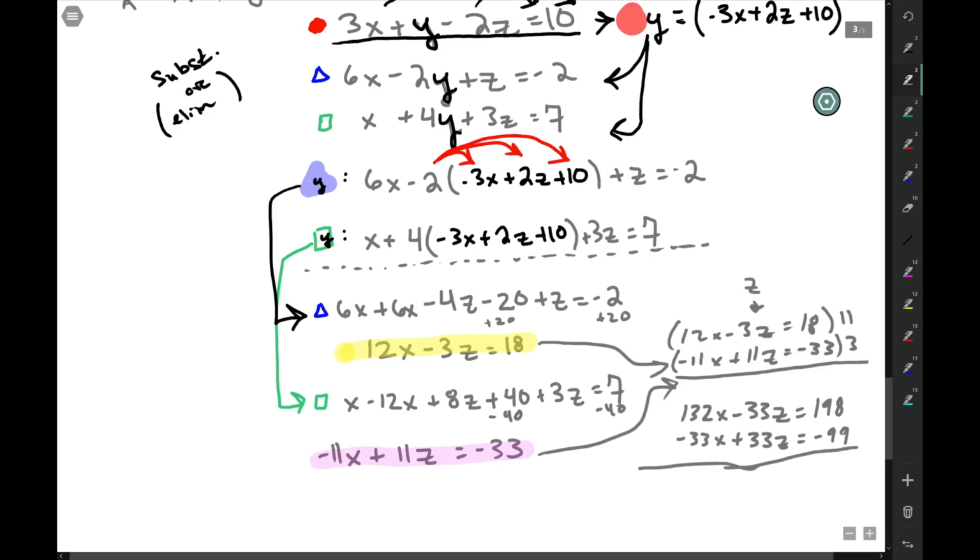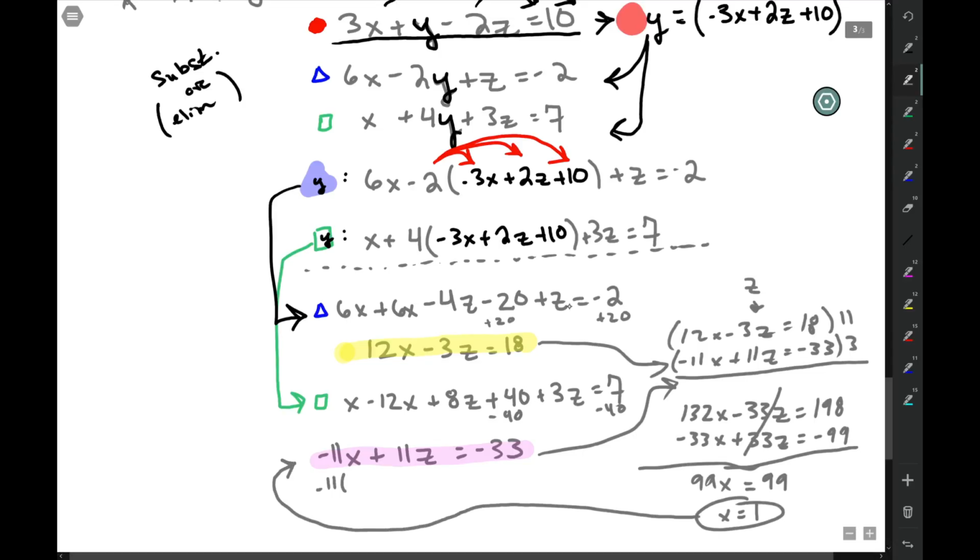Shake and bake all that. It looks like a mess, but really what ends up happening is we get 99x is equal to 99. That's not too bad. X equals 1. Awesome. With our newfound x, we can then plug it into an equation with two variables. So now 11 times 1 plus 11 times z was -33.